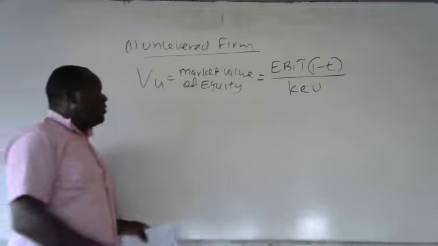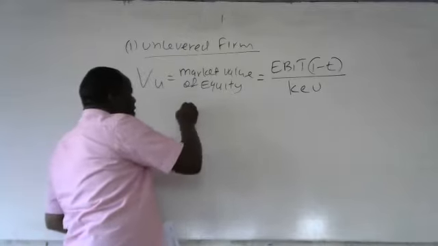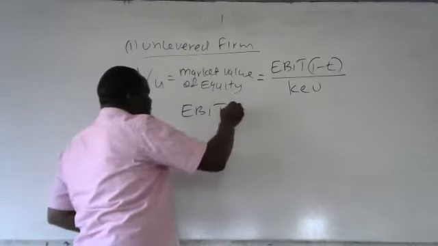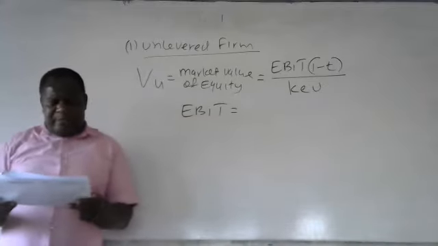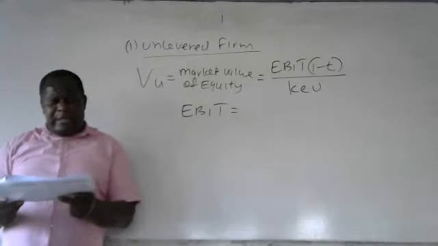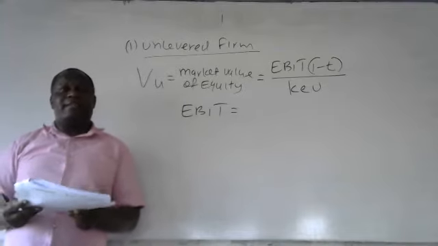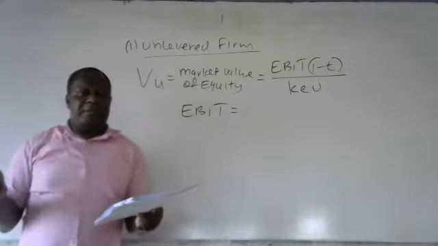So in this question, you compute earnings before interest and tax. It was not given. But when you go through the first paragraph of the question, they gave you the net book value of the assets as 320 million.